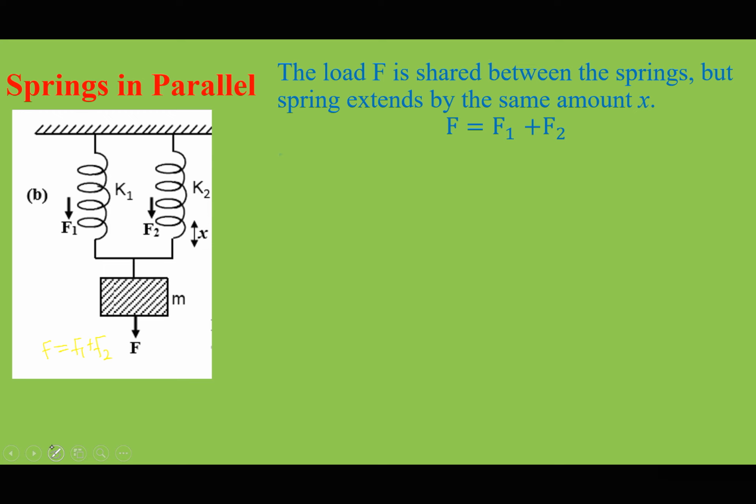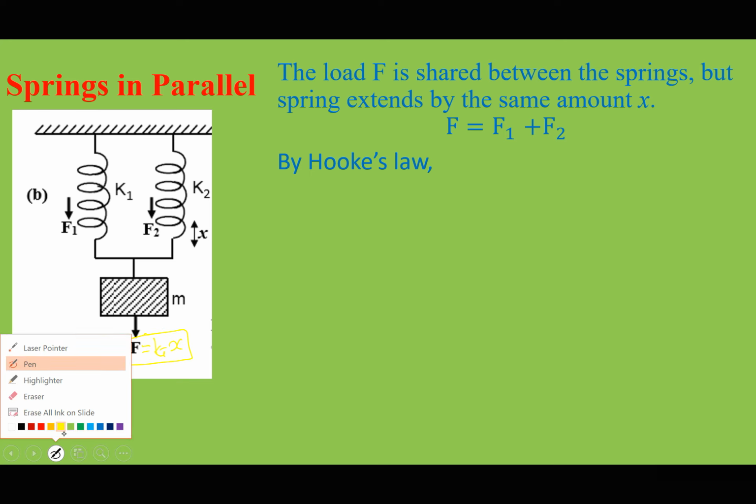And if I use Hooke's law, remember F is equal to K times X. So if F is the effective load, then this is going to be total constant times total extension X. I think I need to change the color to maybe blue.